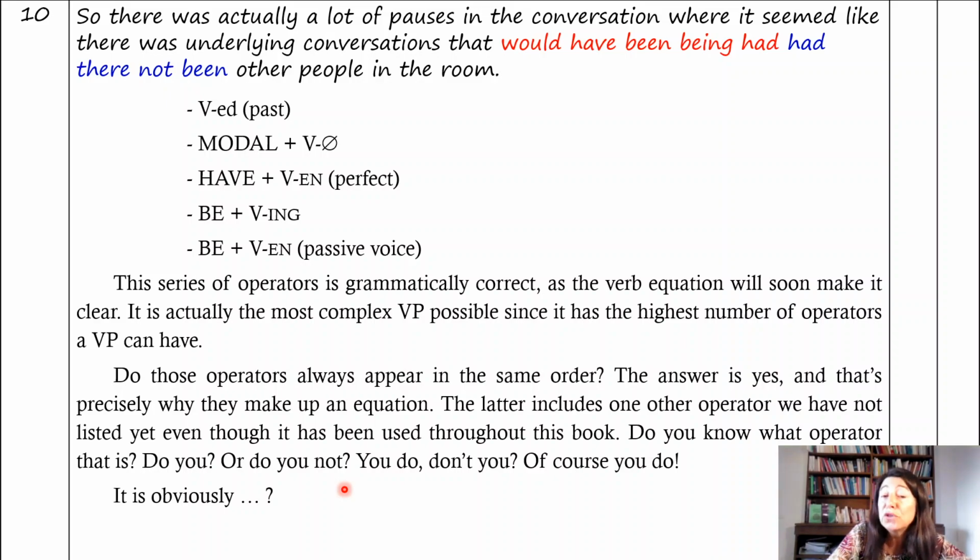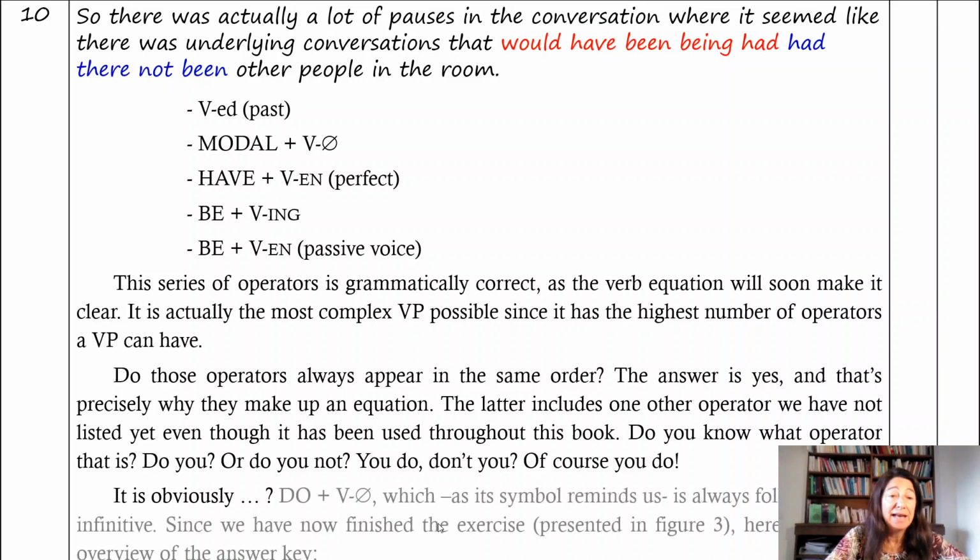You do, don't you? Of course you do. I couldn't help having a little fun here. And obviously that operator, as you have guessed, is do, which is always followed by a verb base. So do plus V0 is the operator that we need to add to that list, and so is VS.